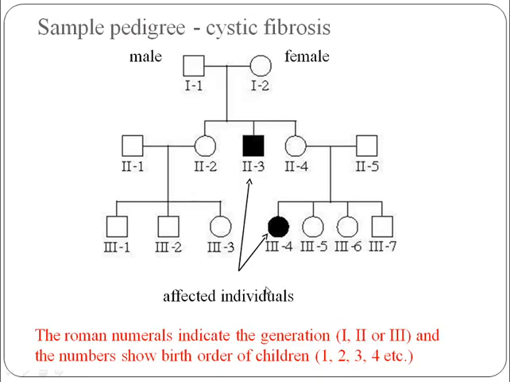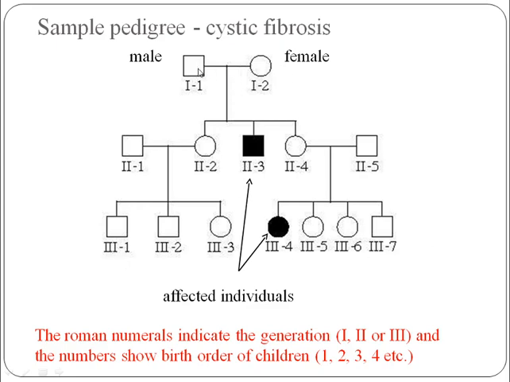Now let's take an example of a pedigree chart. This pedigree chart is for the cystic fibrosis trait. From this chart we can see that a square denotes a male and a circle denotes a female. We are using Roman numeral I for the first generation, II for the second generation, and III for the third generation.